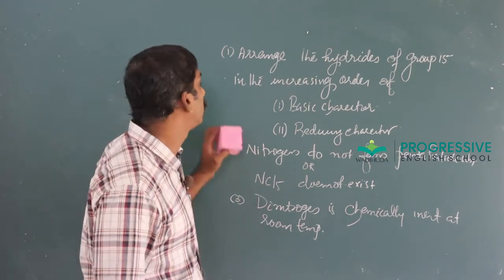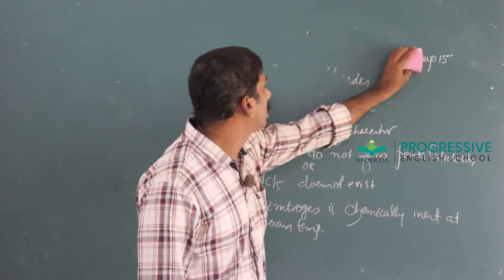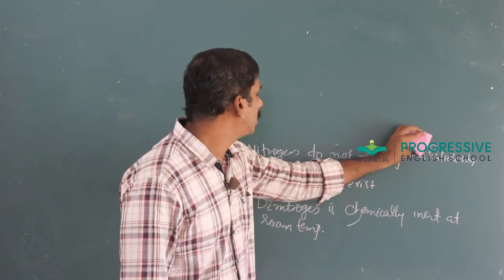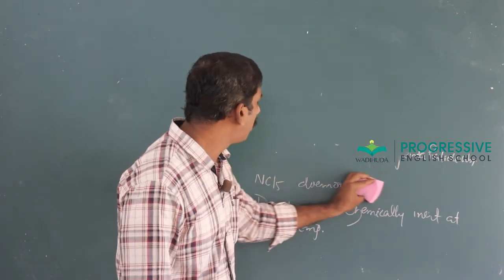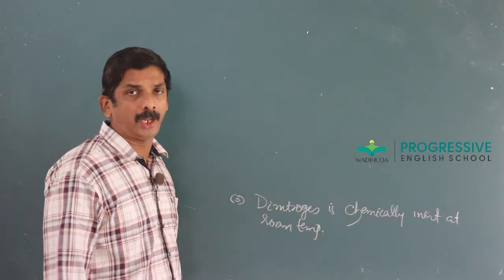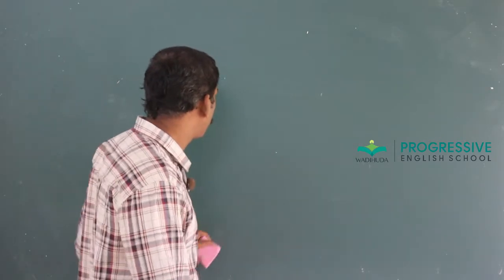What is the reason? Dinitrogen is chemically inert at room temperature because of high bond enthalpy. It means there exists an N triple bond N, and a large amount of energy is required to break the bond between the two nitrogen atoms.